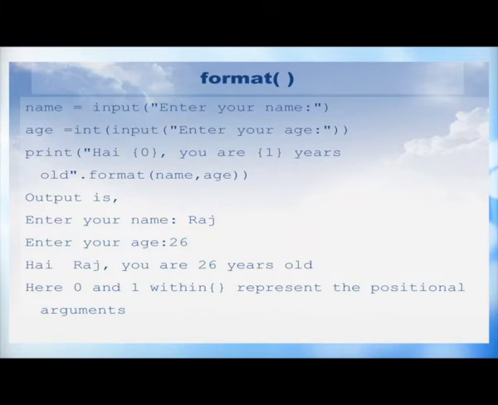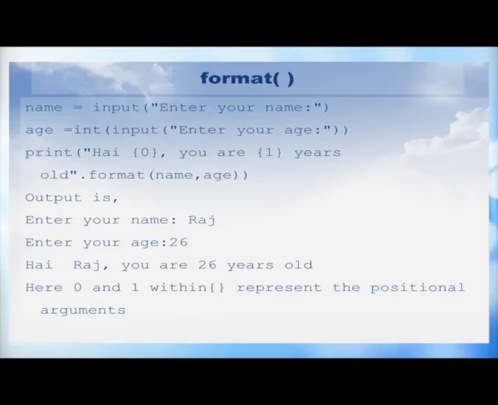This is a string on which we want to apply some format. What is the format? Followed by format with 2 arguments, name comma age. So, here name and age are the positional arguments, as this is not written using key value pair. Name is the first argument which is represented with the index 0, and age is the second argument which is represented by the index 1.